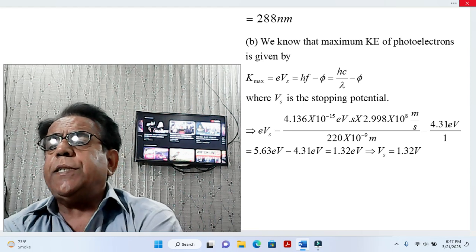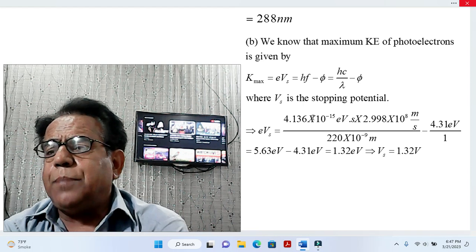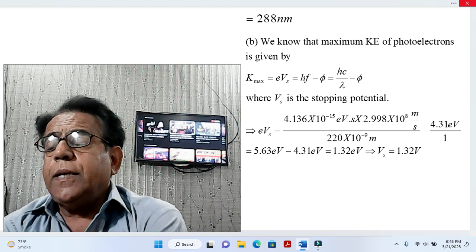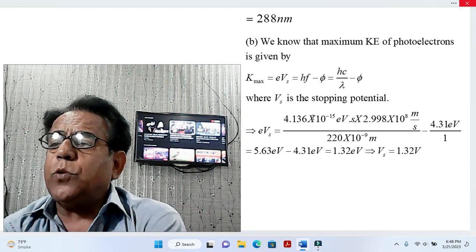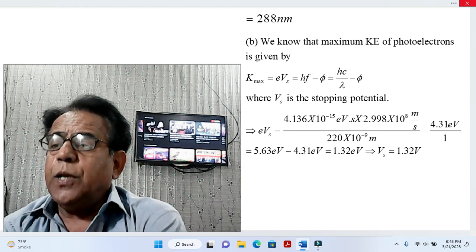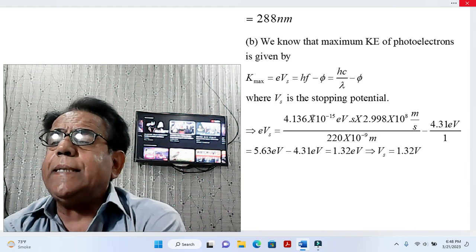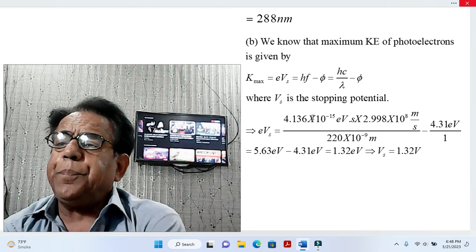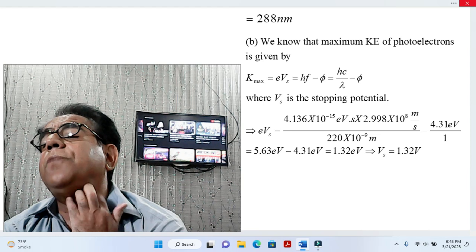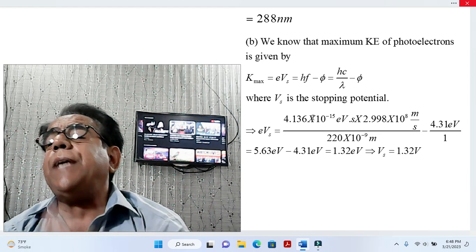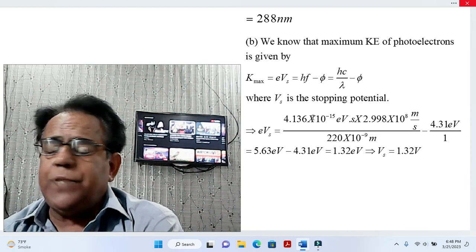Okay, so this implies that eVs becomes equal to hc. Both these values have been given in tool number 1. Moreover, value of lambda is given in the problem, 220 nanometer, minus work function phi, which we have not calculated.